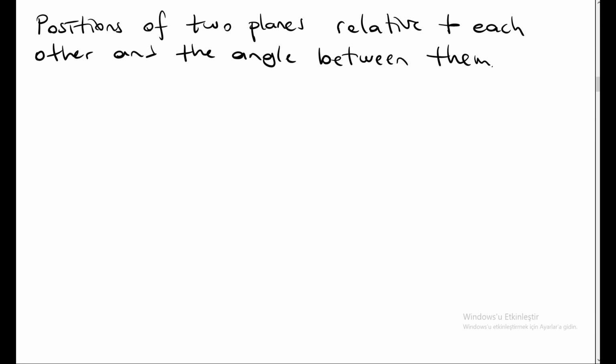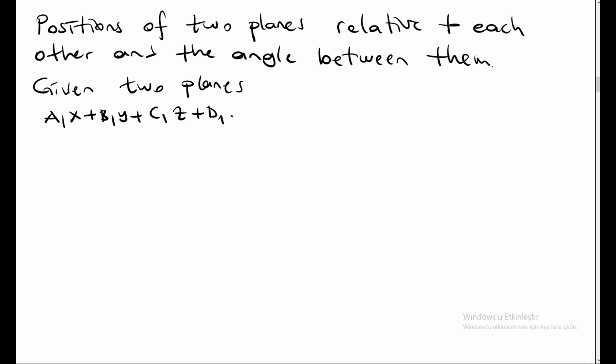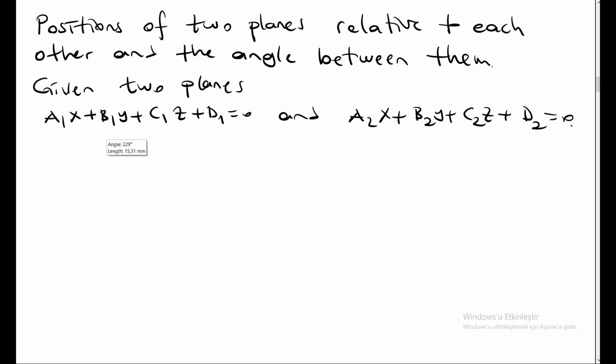So let's say given two planes, A1 x plus B1 y plus C1 z plus D1 equals 0, and A2 times x plus B2 times y plus C2 times z plus D2 equals 0. So what are the positions? So the first one, they may intersect each other.